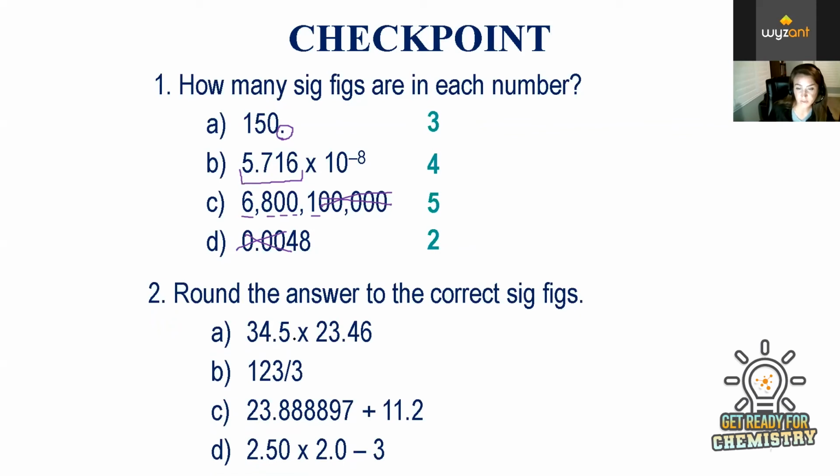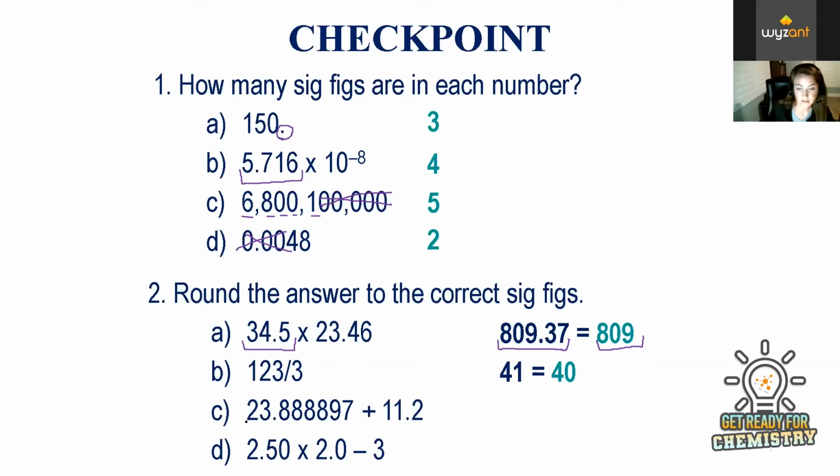So 34.5 times 23.46. So this is technically 809.37, but I'm rounding this to 809 because I'm modeling it after this number with 3 sig figs. And then 123 over 3, so the answer technically is 41, but I'm rounding this to 40.